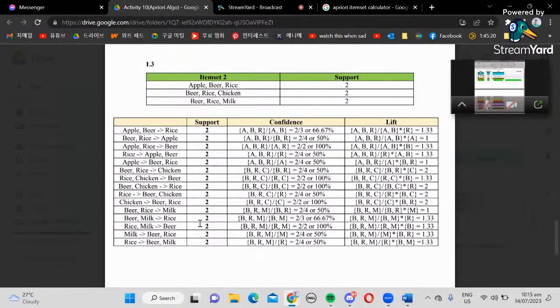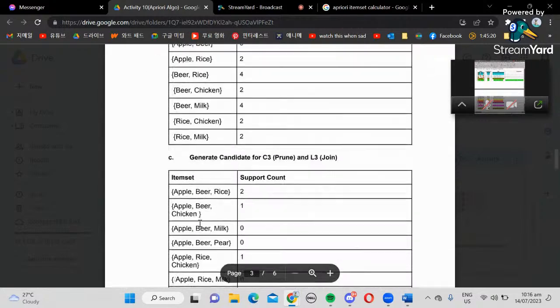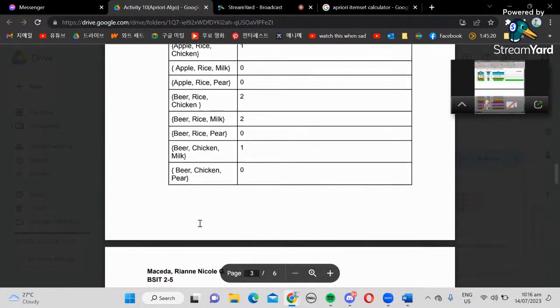Tapos yung answer niya is 1.5. 1 point ilan? 5. Ayun po, ma'am, 1.5. Tama, Nicole? Yes po. Okay, so we have 1.5.